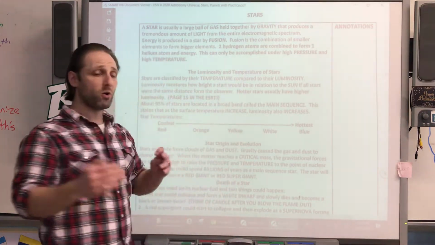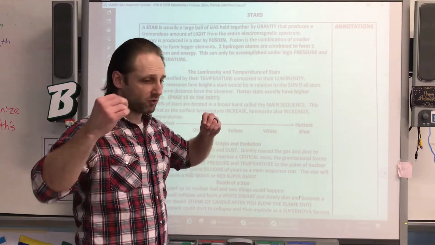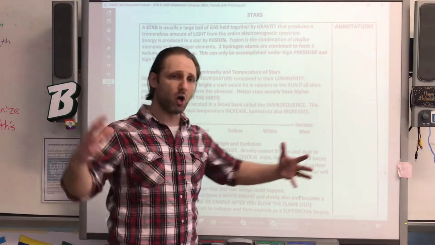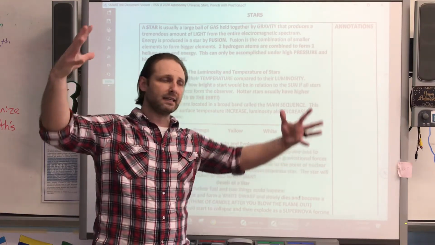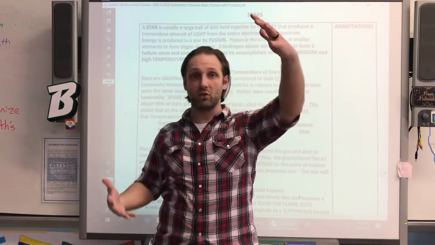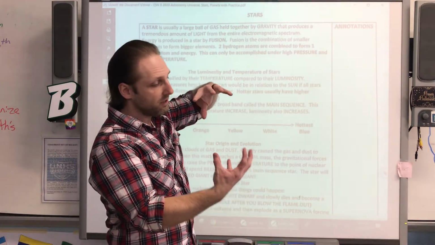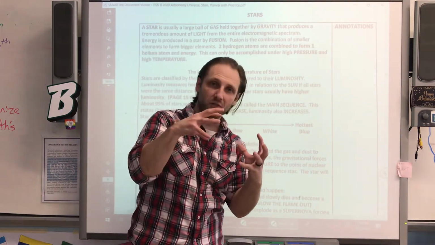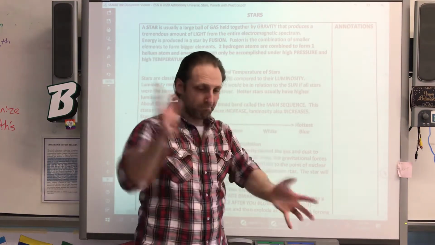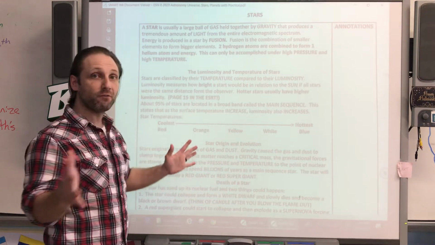Now, in order for that to happen, you have to have extreme temperatures and extreme pressures, and a lot of that is due to gravity, taking the gas in the area of the galaxy or the nebula and causing it to collapse and coalesce until it starts building up more and more pressure, and all that gas is bouncing around and generating friction and heat, and boom! You end up getting fusion.